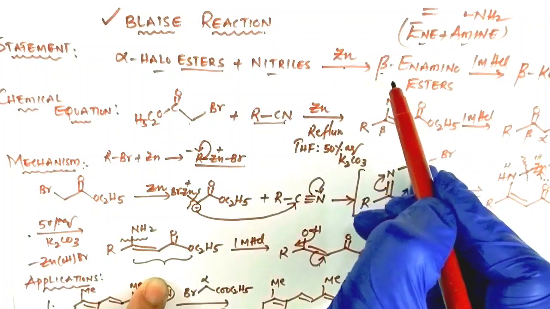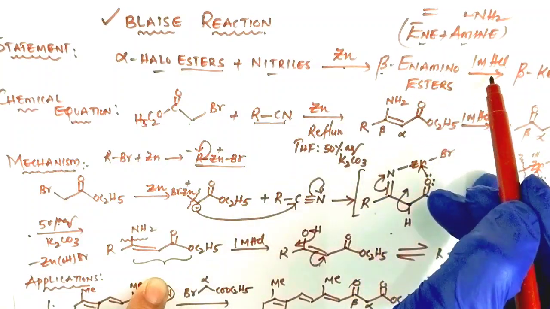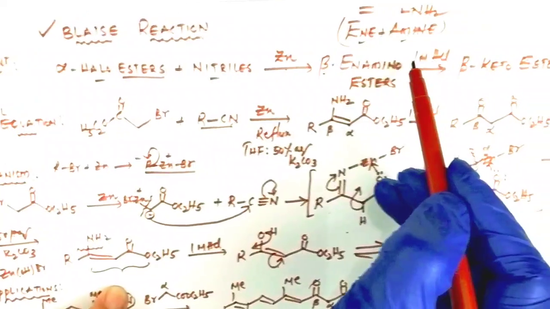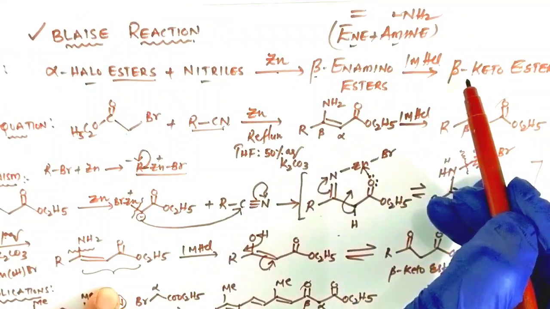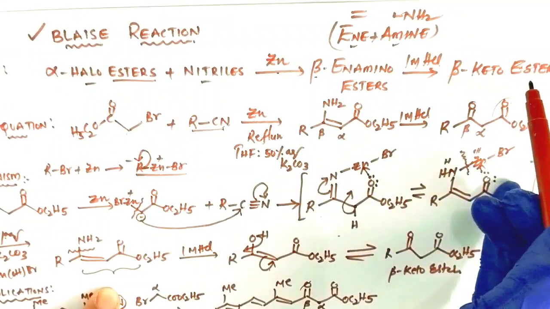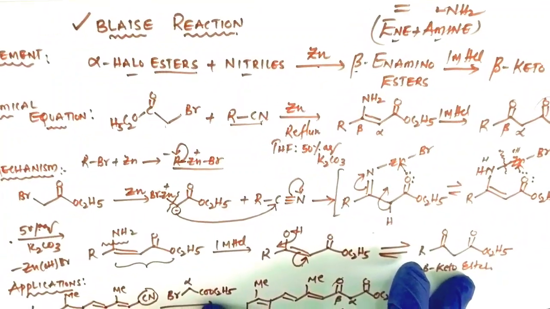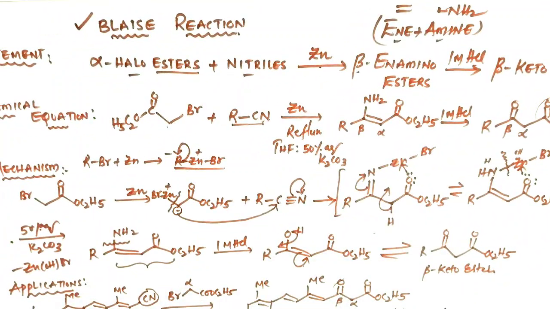The formed beta enamino ester is further subjected to hydrolysis with 1 molar HCl, and we come up with the compounds commonly called beta keto esters. So simply we can say that Blaise reaction is very useful for the preparation of beta enamino esters and beta keto esters. The reactants are alpha haloesters and nitriles.